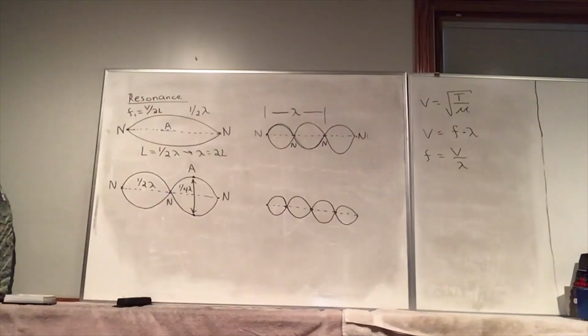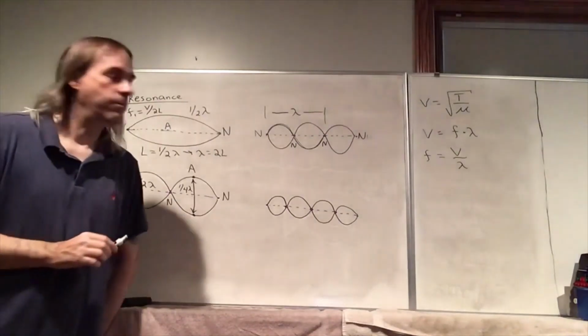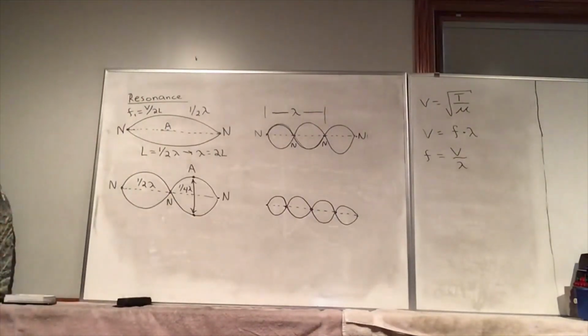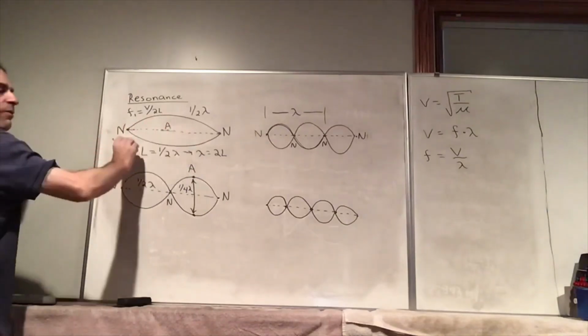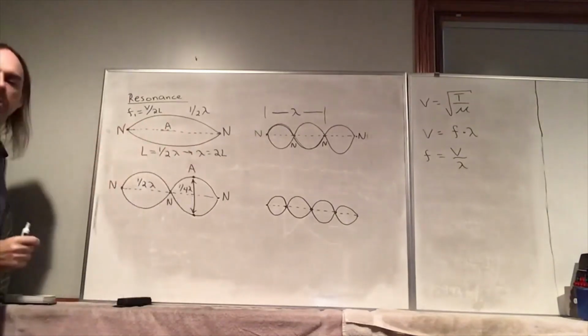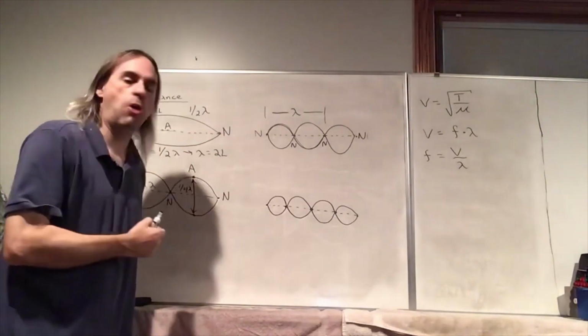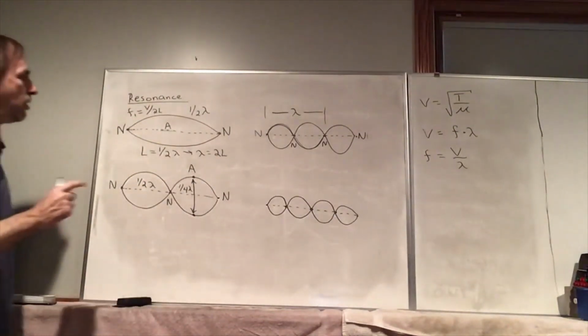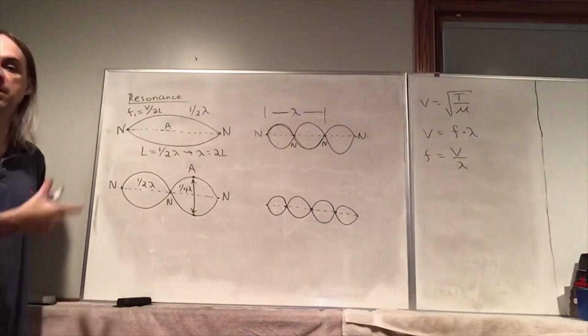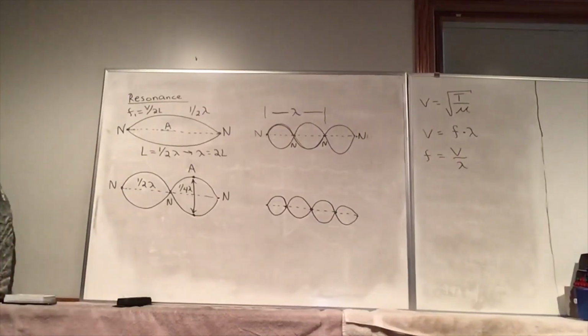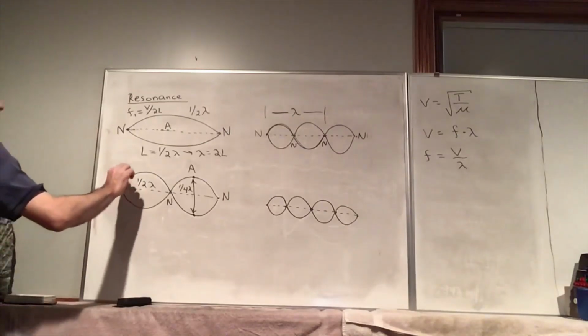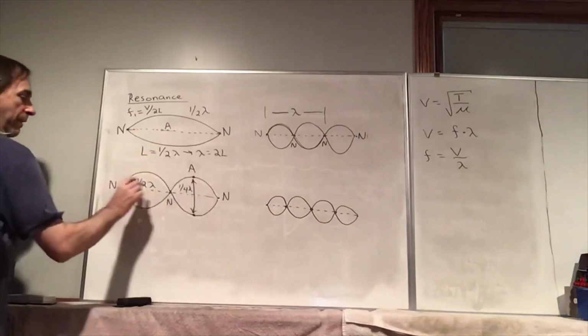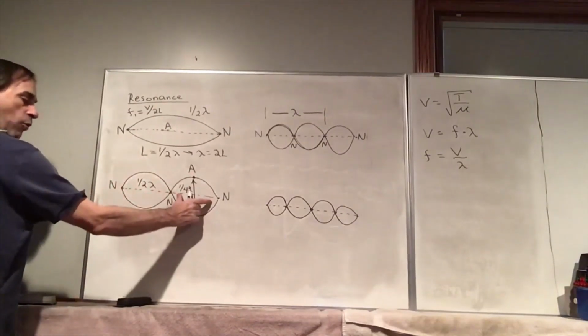So this is called the fundamental frequency. There's actually two names for this. It's the fundamental frequency because this is the lowest frequency that will resonate. It's also called the first harmonic. So you can use whichever you prefer. Now let's go to the next pattern. Here we can see that this is half a wavelength, that's half a wavelength.